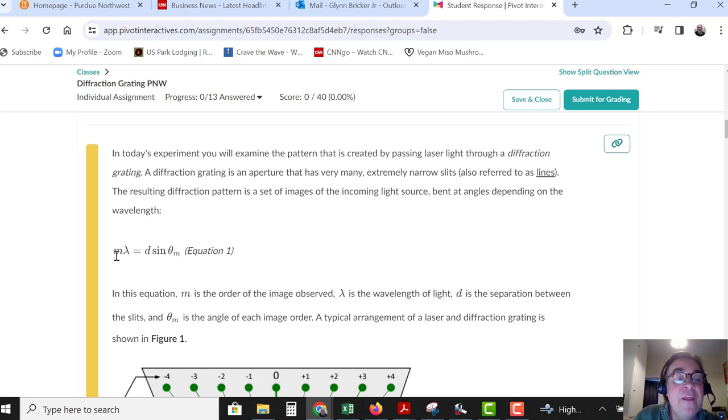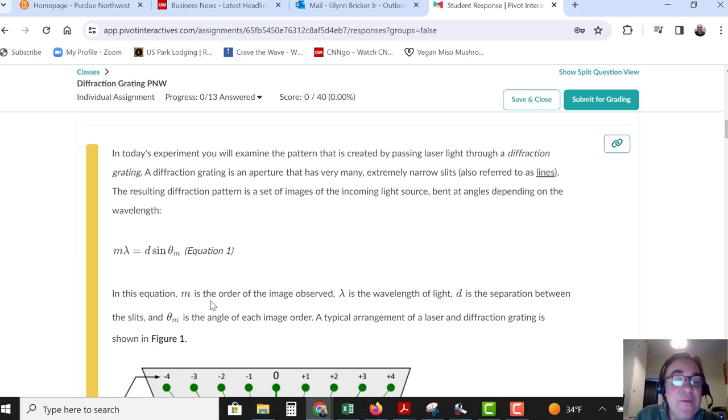The left-hand side of the equation is measured in units of length, so the right-hand side has to be measured in units of length. Wavelength is typically in nanometers, so d also has to be in units of length. If the left-hand side is nanometers, the right-hand side is nanometers, because m is just a number, and sine of theta is also just a number.